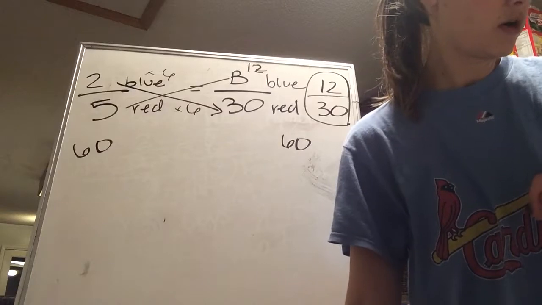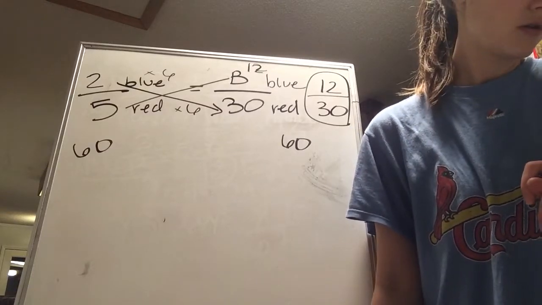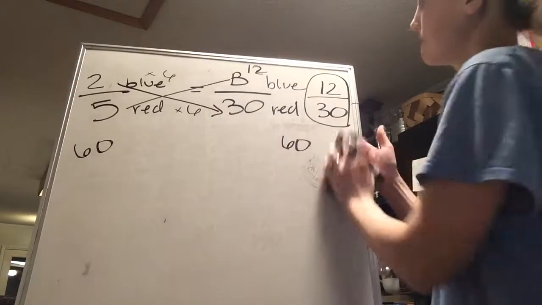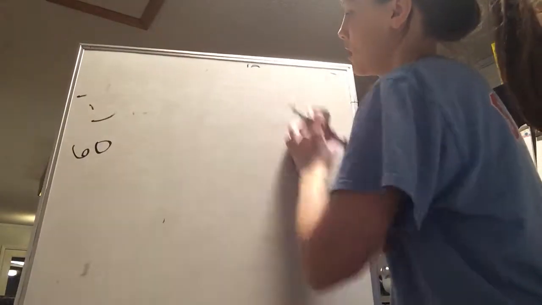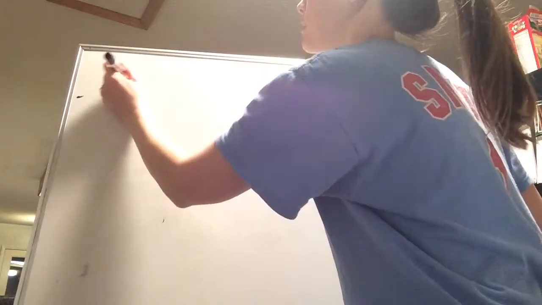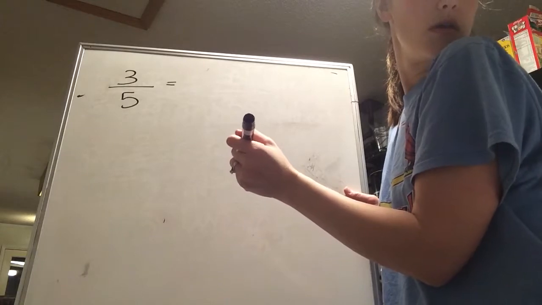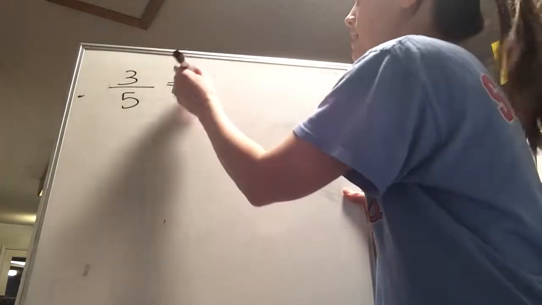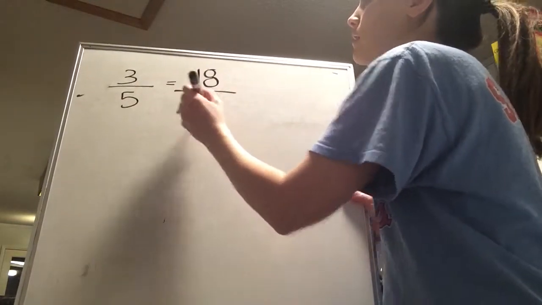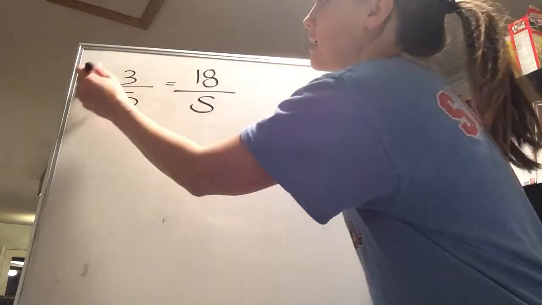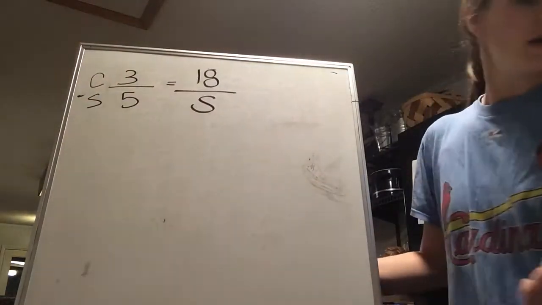One more, where the relationship can't be seen as clearly. So let's say 3 to 5, and then 18 to S. So this is the ratio of cloudy to sunny days.